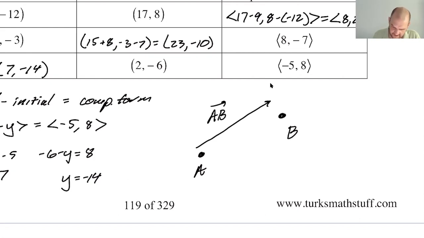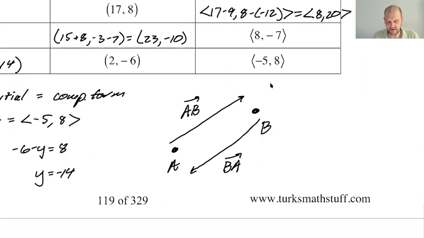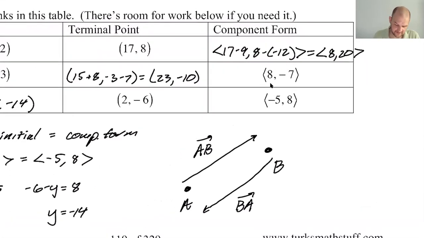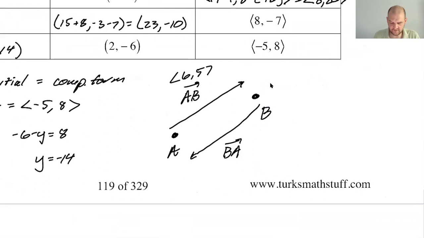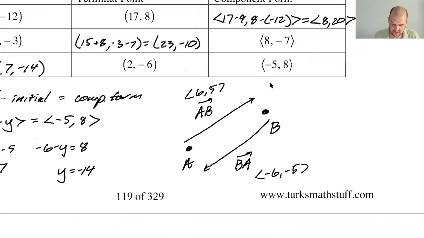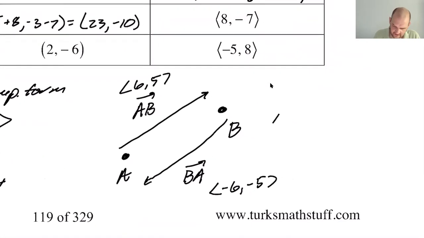Well, that vector and this vector, which is B to A, clearly are related, right? Let's say this is 6, 5. Well then, if that's what you need to do to go from A to B, then to go from B to A, you must have to go -6, -5, which means AB is just the negative of BA, which I feel like makes sense, right?